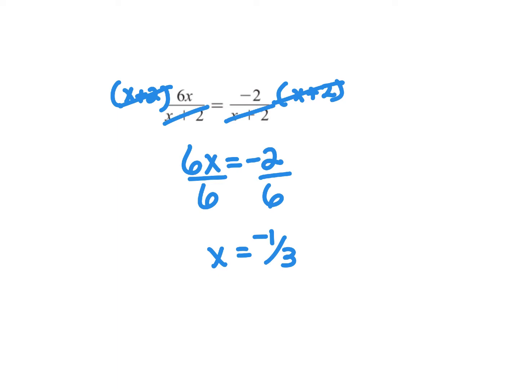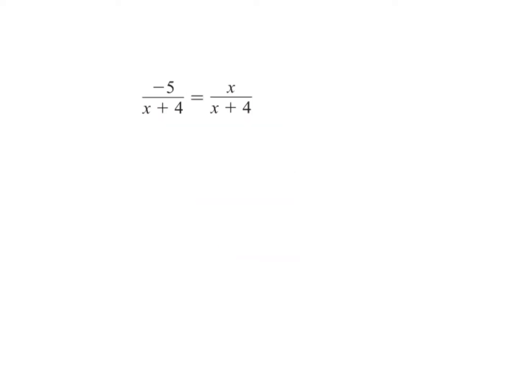So going back to the beginning, instead of showing that I was multiplying, if you see a common denominator on both sides, you can just cross it off and then solve the rest of the equation. In this case, I know right from the beginning the denominators cancel out and negative 5 equals x. That's the whole thing.